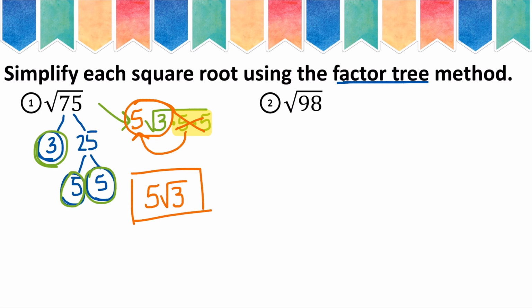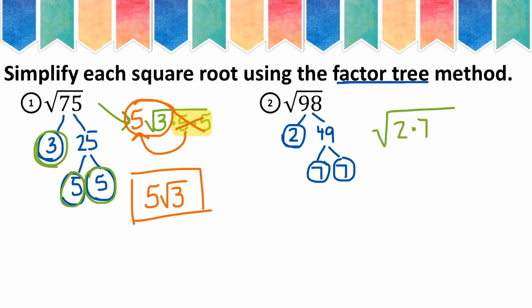Let's try another question. 98. If I go 98 divided by 2, I will get 49. 2 cannot be split anymore, but 49 could be separated into 7 and 7. So I can now write the square root of 98 as 2 times 7 times 7.